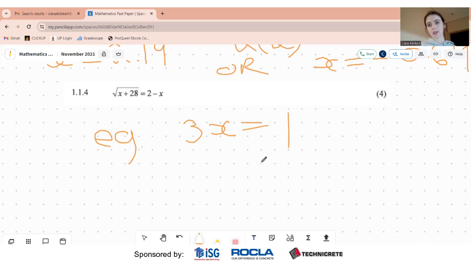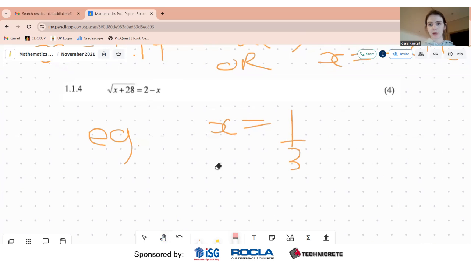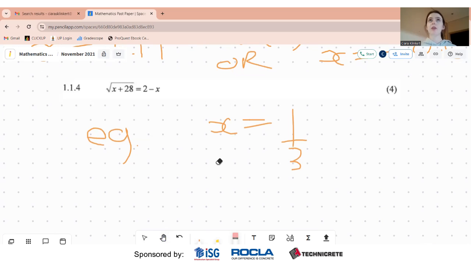I want to get x alone, so I need to get rid of this x multiplied by 3. The opposite of multiply is divide, so I will divide both sides by 3. Then these 3's cancel, and I get that x is equal to a third. So the opposite of multiply is divide, and vice versa. And we do the same thing with addition and subtraction.